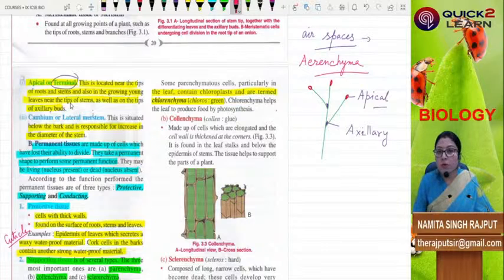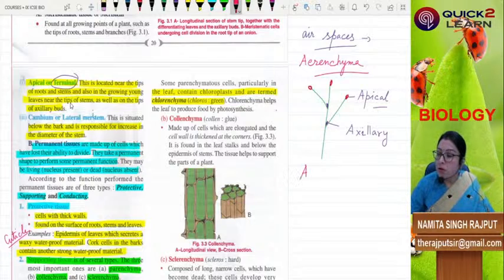If there is a lot of air space, you can guess where these tissues may be found. Can you just take a guess that if the parenchymatous cells have a lot of air spaces between them, where will they be found? The air space will make them lighter, so they will be found in aquatic plants.